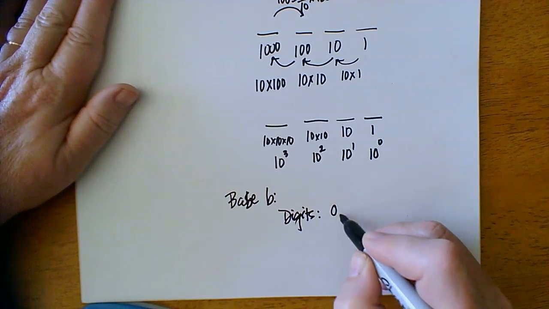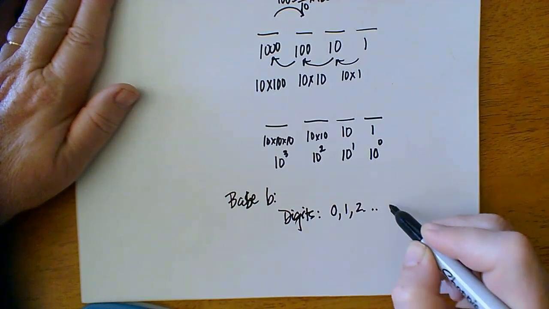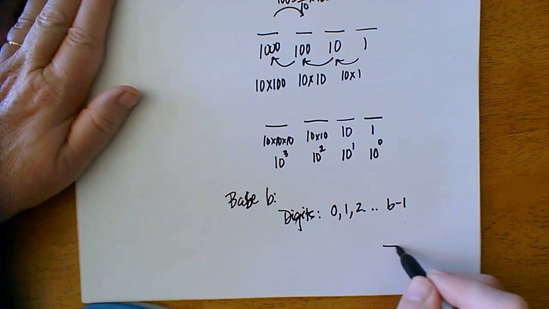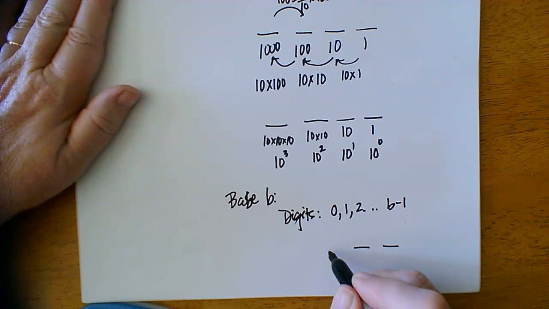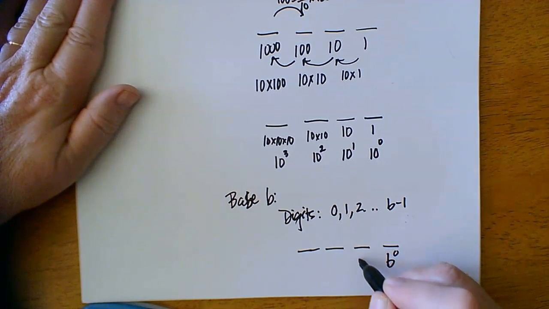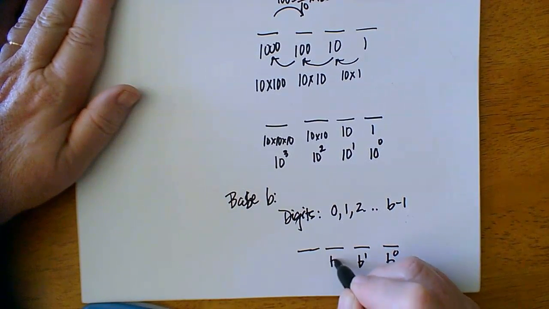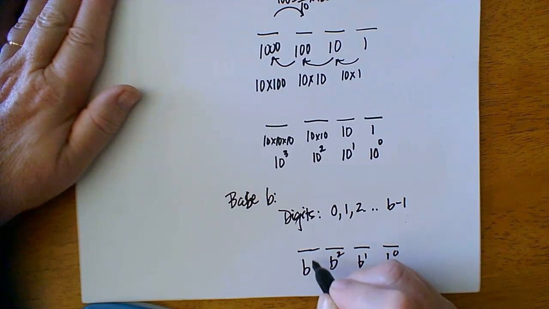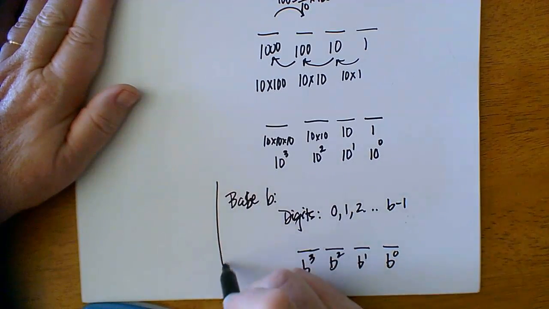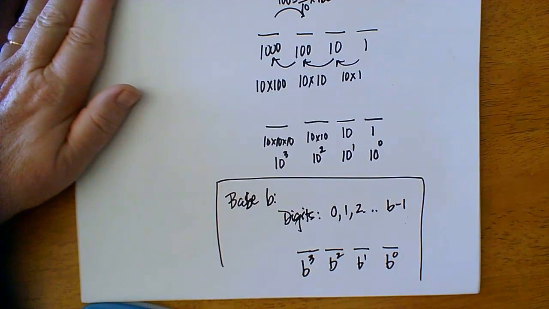And they'll say 0, 1, 2, up through b minus 1. And then what are the place values? And they'll use what we discovered for base 10, and they'll tell us that it's b to the 0, b to the first, b squared, b cubed. So they have this framework for dealing with any base.